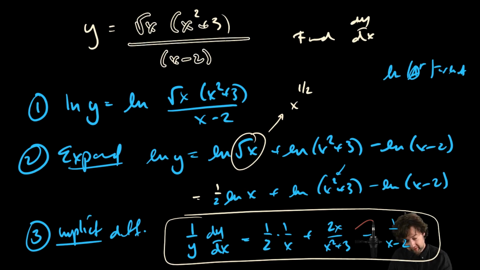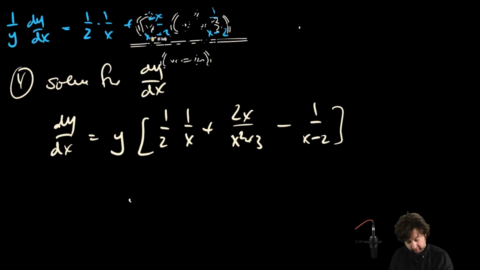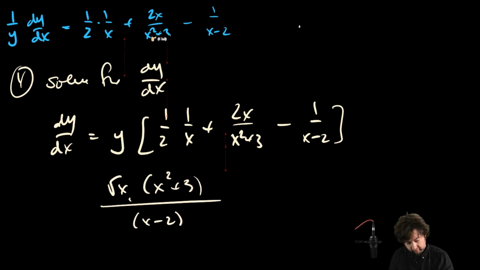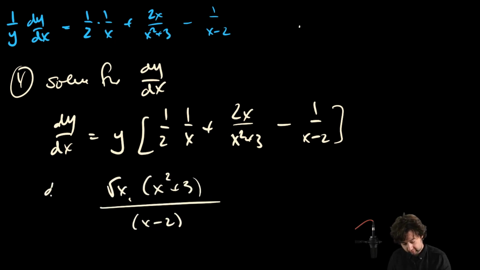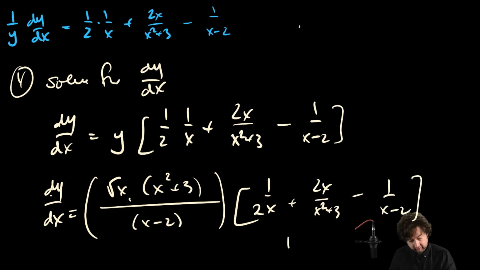So I can just grab this, and I can put it right here. That's y. And this is done. You've found dy dx as a function of x.